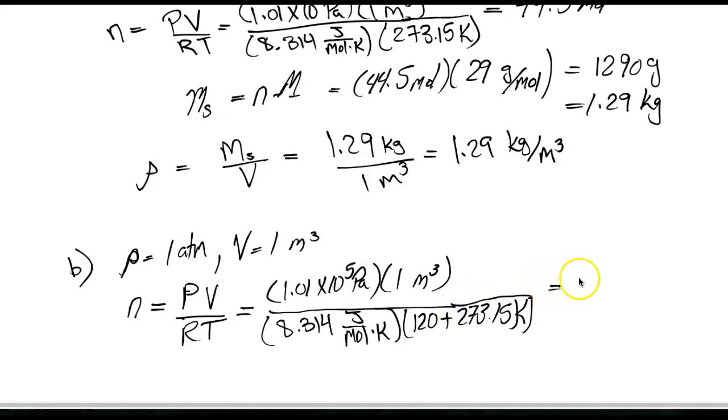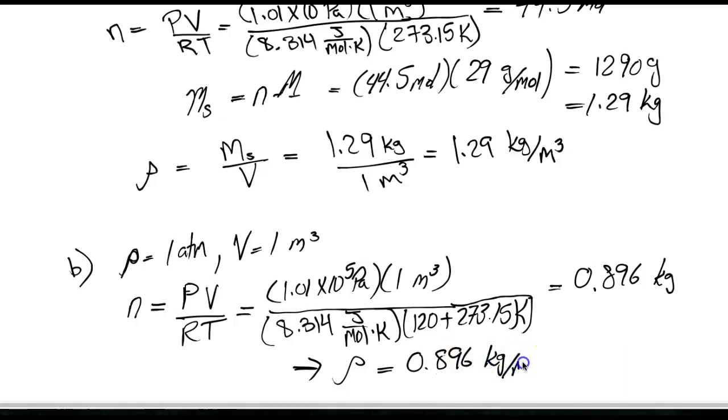And now if we do that, we get about 0.896 kilograms, which means since the volume is 1 meter cubed, that the density is 0.896 kilograms per meter cubed.